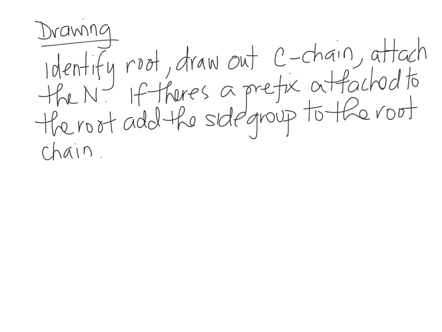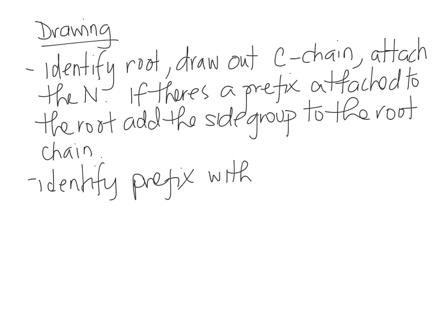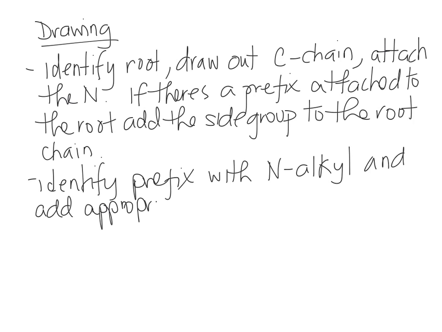If it was a primary amide, you're now done. And you'll see that there's no N-alkyl. But if there is, identify the prefix with N-alkyl and add the appropriate carbon chain to the nitrogen.